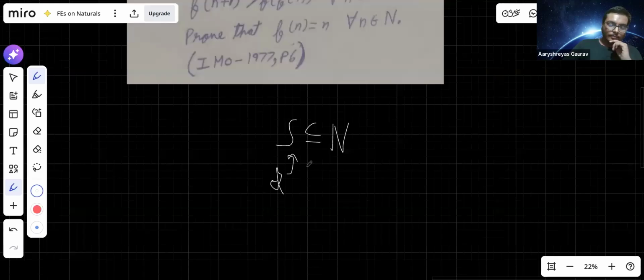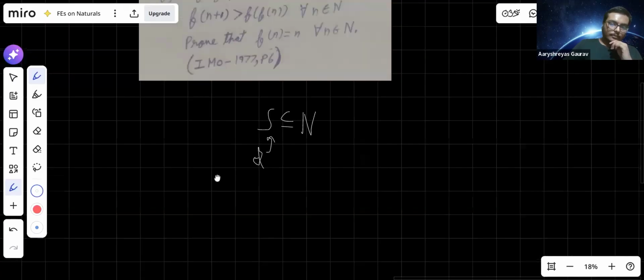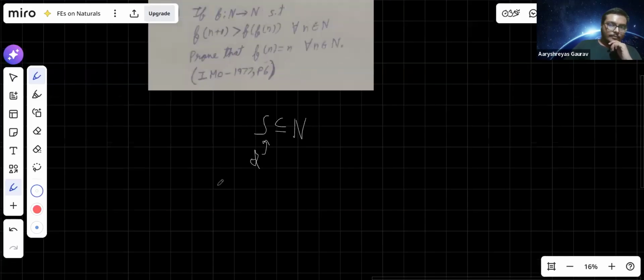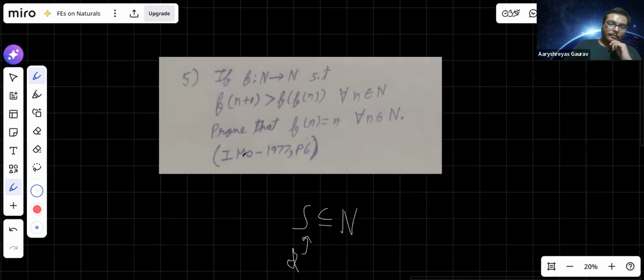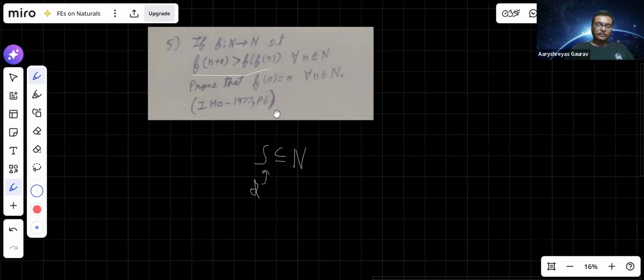We cannot do this with integers and real numbers, but we can definitely do this in natural numbers, any subset. You can see the problem. We have to find all functions which go from natural numbers to natural numbers and satisfy this inequality. And we have to prove that f of n is equal to n for all natural numbers.